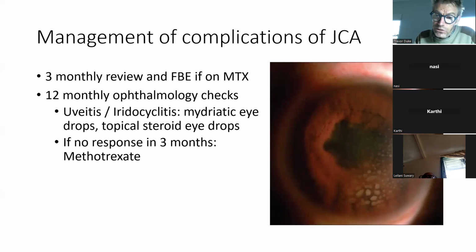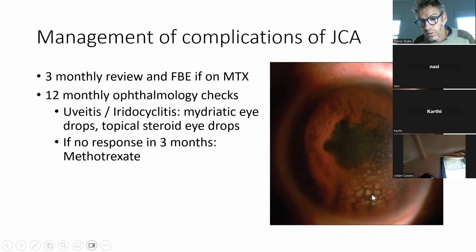And that's to look for this condition. Again, sometimes you can see it with just a torch, a flashlight. This is the iris, and you can see these white plaques that occur in the iris. That's uveitis or iridocyclitis.